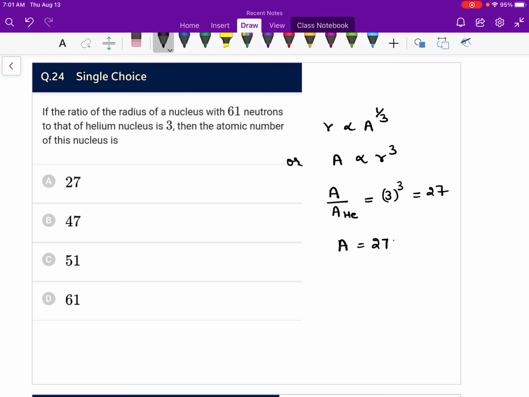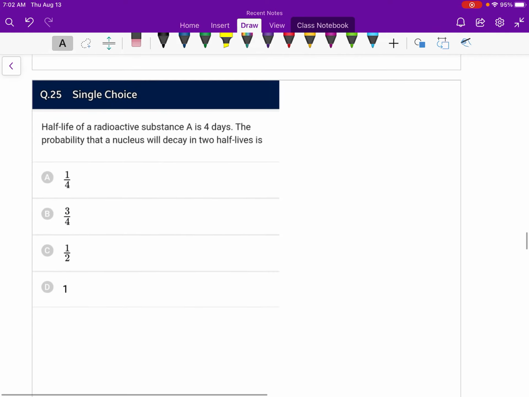So A of the given nucleus is 27 times A of helium, which is 4, so that is 108. Now Z is A minus N, so that is 108 minus 61, that is 47. So B is the correct option.